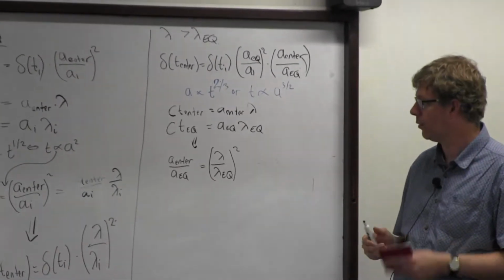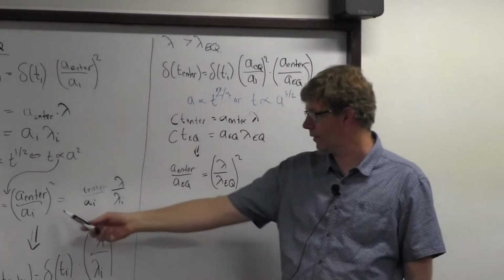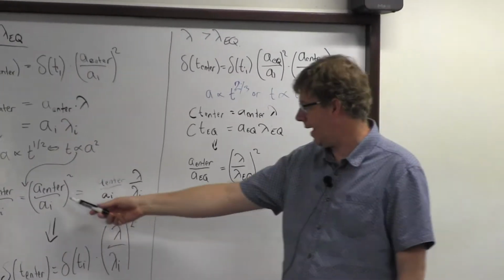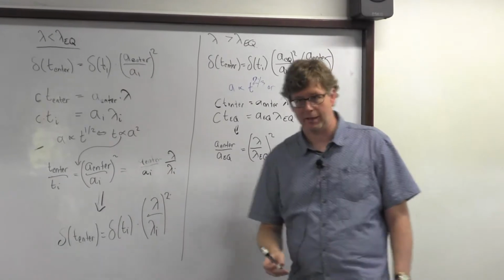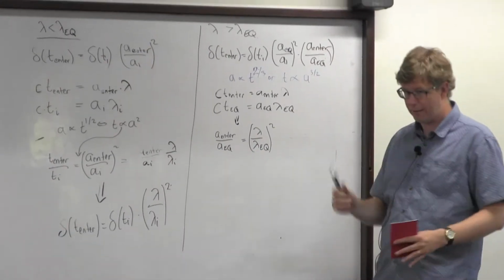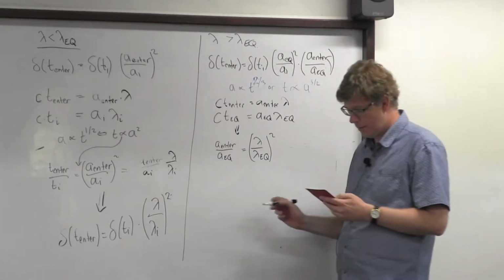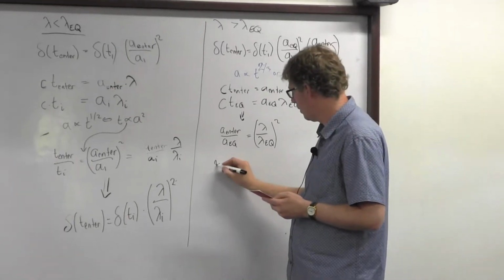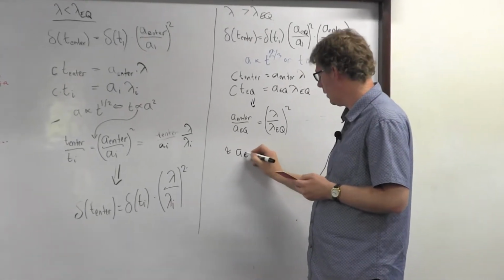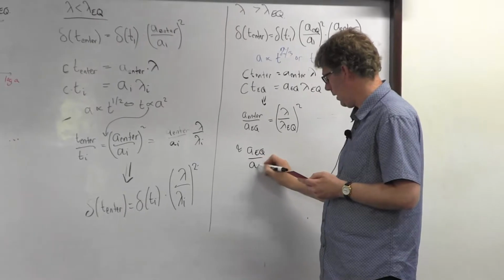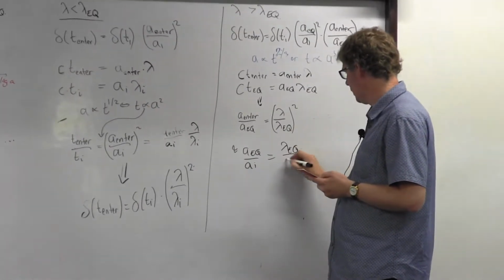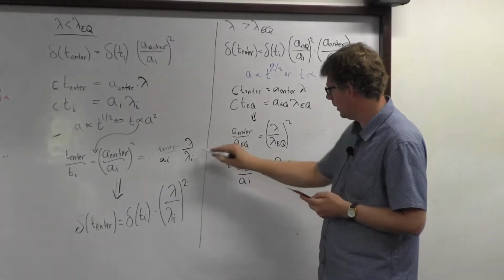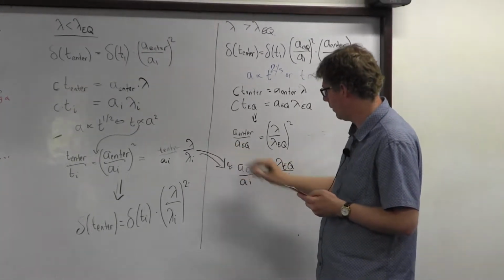The only thing you now need to realize is that here I could put A equality instead of A enter. That's exactly the same if it entered at the time of A equality. So then I have A equality over AI is lambda equality over lambda I. Okay, that's effectively this equation.